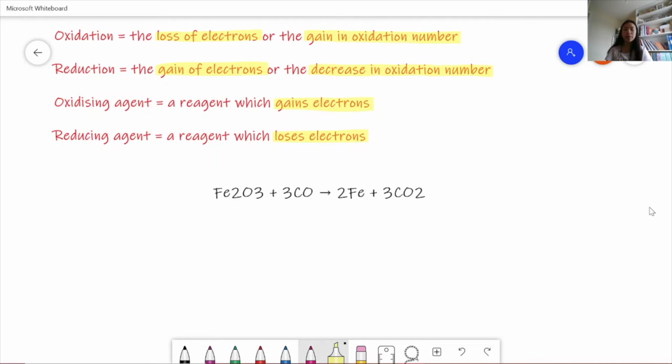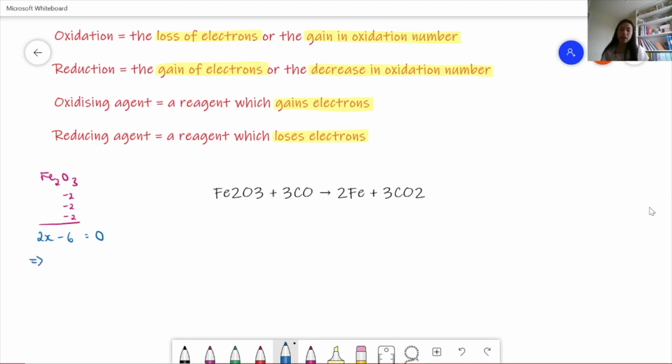So the first step we have to do is work out all the oxidation numbers. So firstly, for iron oxide, we have Fe2O3. And again, we need to remember the rule that oxygen normally gets -2. So if we give oxygen -2 and we have 3 of them, then what we have is 2x minus 6 is equal to 0 because it's a neutral compound.